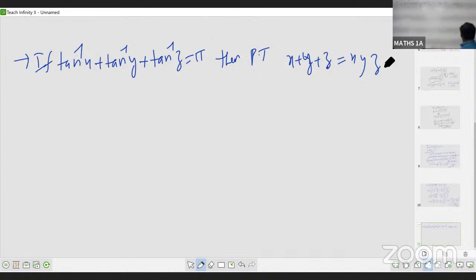Prove that x plus y plus z is equal to x y z.